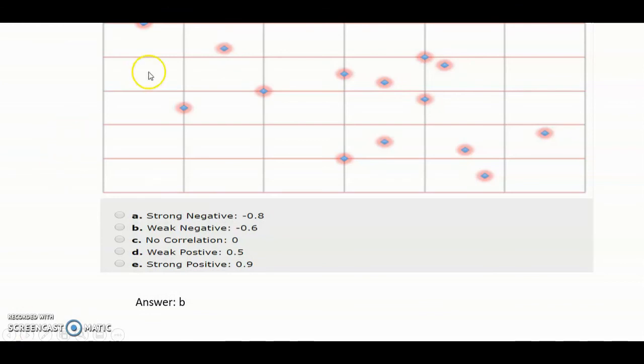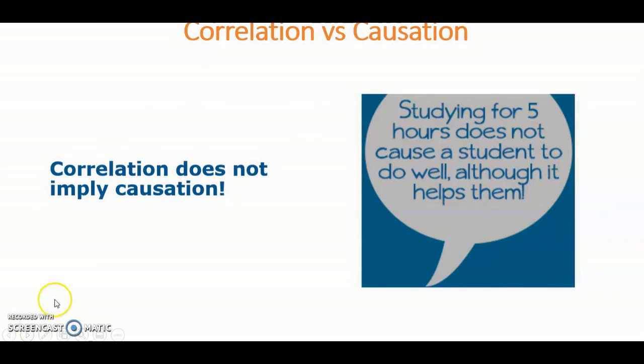We see that the data are all in a general negative trend and scattered around. So therefore, that will be a weak negative correlation. And again, know that correlation does not necessarily mean causation.